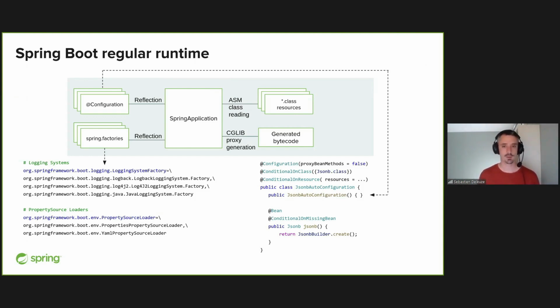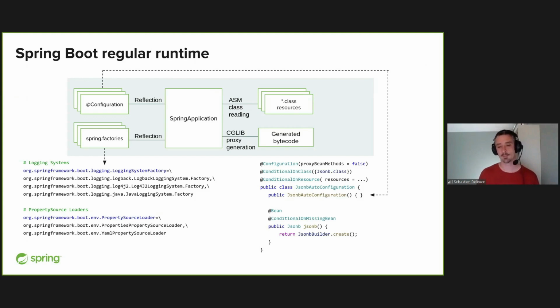And also there is filtering of the configuration classes that is done via ASM class reading. At the right, you have an example of one Spring Boot auto-configuration, specific to JSONB, but you have a lot of others. Have a look at this @ConditionalOnClass, @ConditionalOnResource, @ConditionalOnMissingBean annotations.